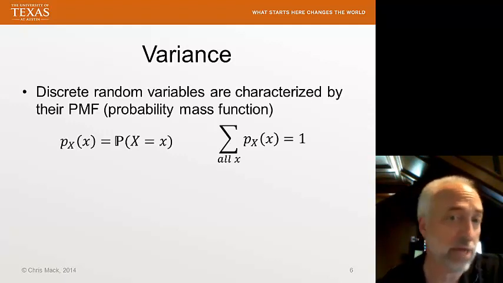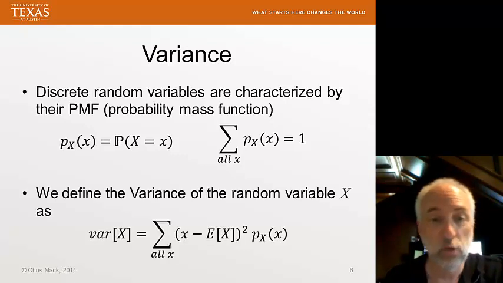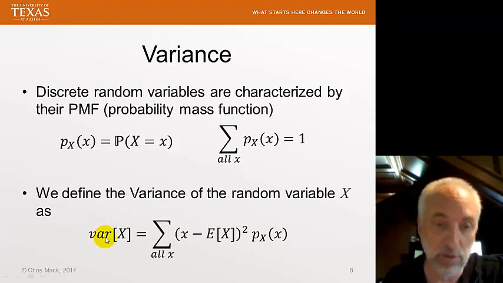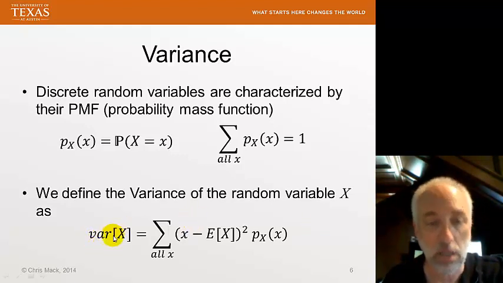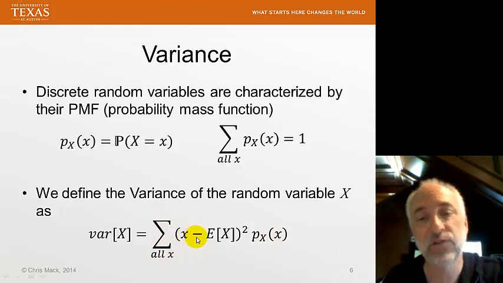Again, a discrete random variable is characterized by its PMF, and we define the variance of a random variable as, well, first of all, I use the letters VAR of square bracket x to represent the function variance of x for my random variable, and it is the sum over all x values of x minus its expectation value, that quantity squared, and we sum all those up weighted by the probability of achieving that particular x value.